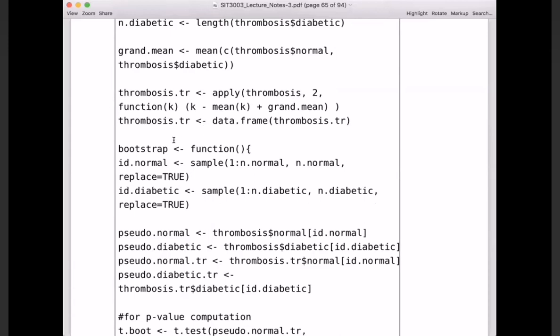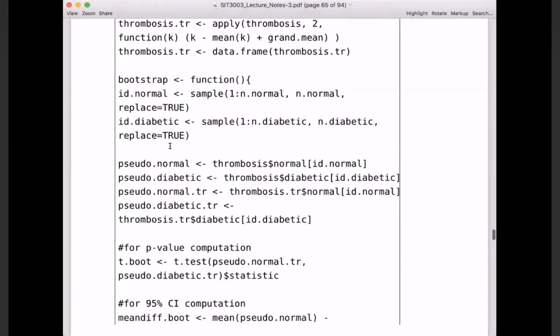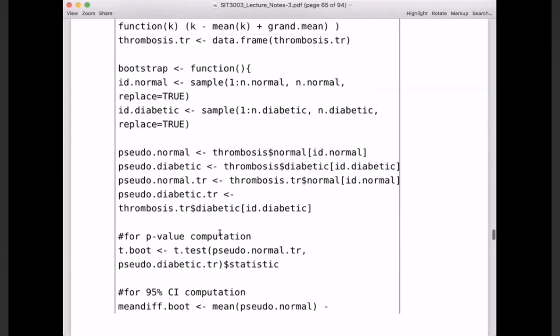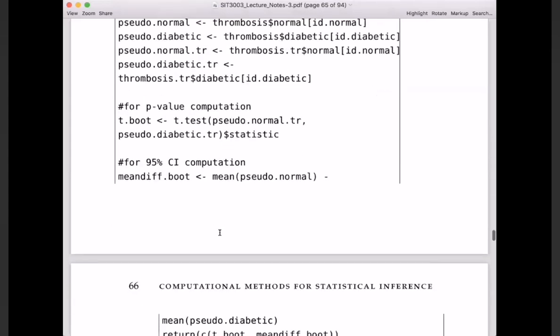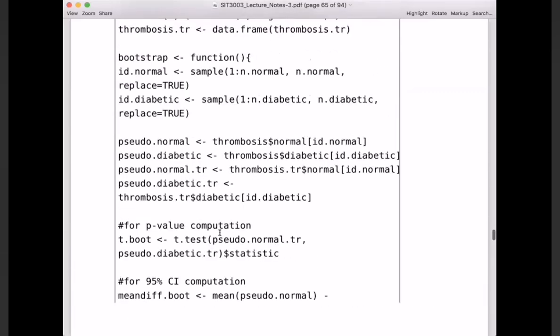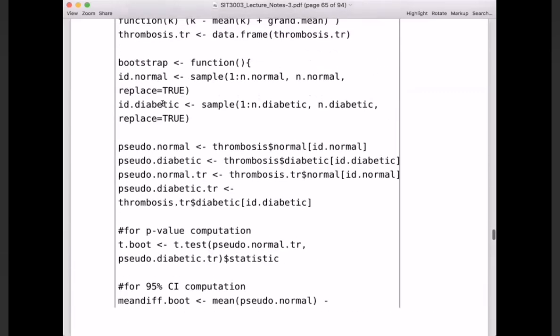And then you have your bootstrapping code here. The whole thing is here. The bootstrapping. So this part here, because we're going to do two things simultaneously, it is better to, instead of bootstrapping the observations, right?